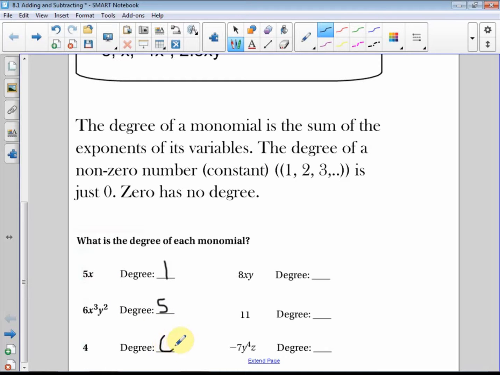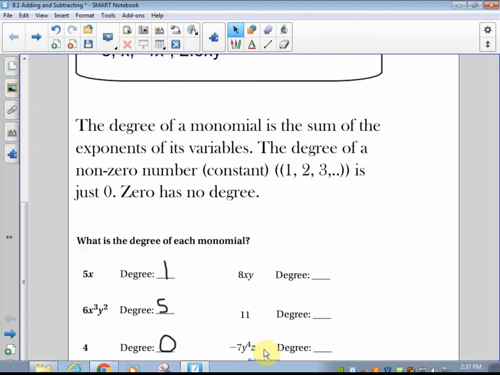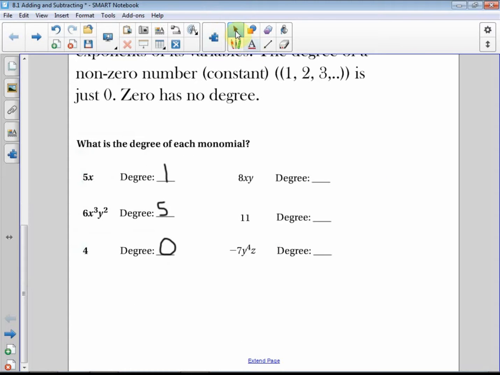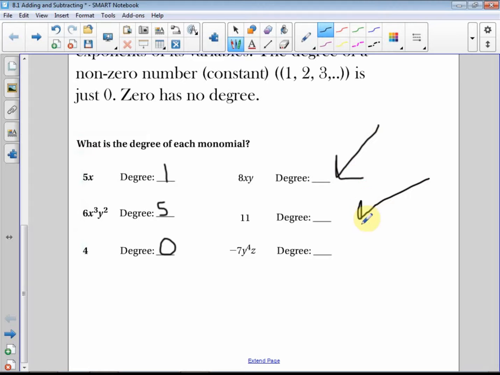So that would be 0. There are 3 more to complete. Please do those on your own. Like I said, you can pause the video and do them now, or you can do them at the completion of the video.